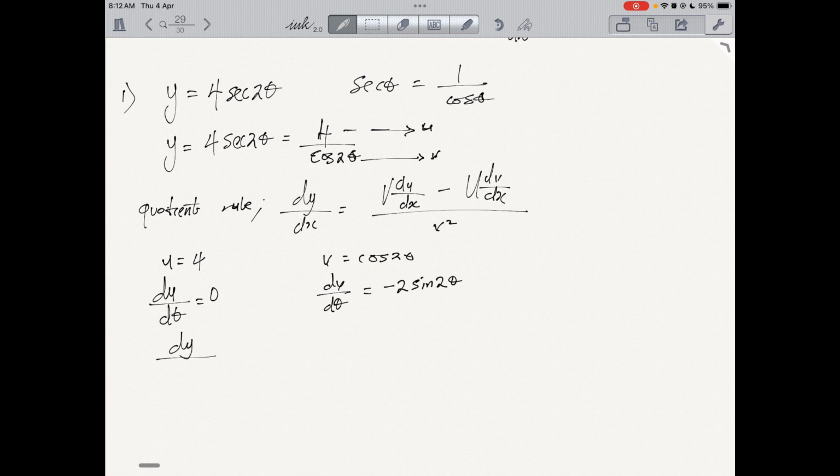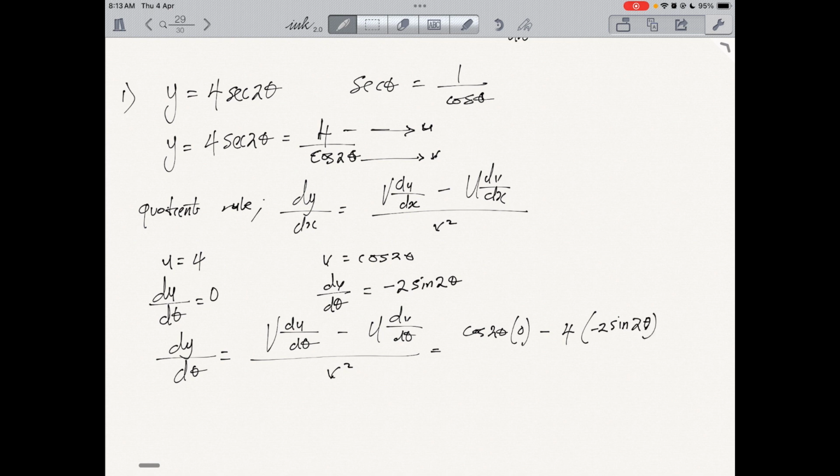Now let's apply dy/dθ is equal to (v du/dθ minus u dv/dθ) divided by v squared. So let's make our substitution. We have cos 2θ multiplied by du/dθ, that is 0, minus u, that is 4, multiplied by dv/dθ, as minus 2 sin 2θ, divided by v, cos 2θ squared.